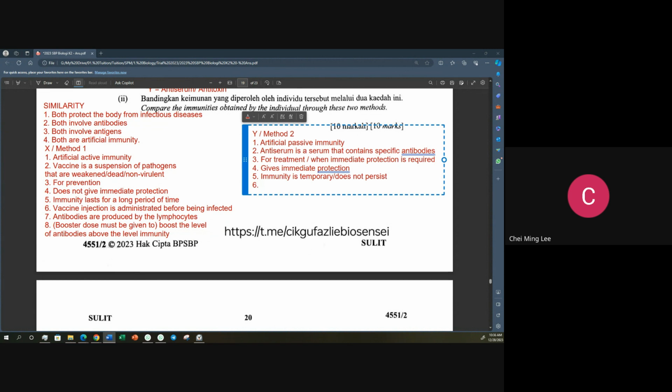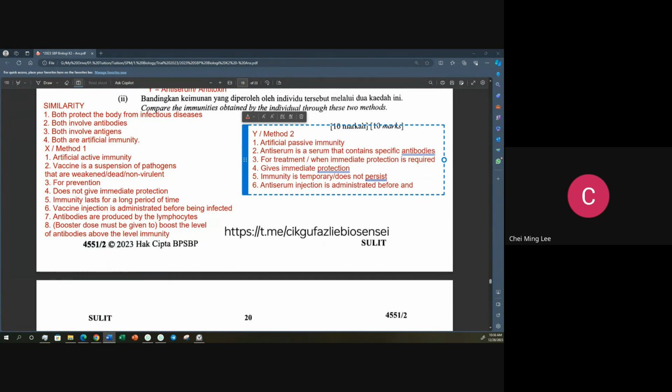So anti-serum injection, we administer it before or after the infection.